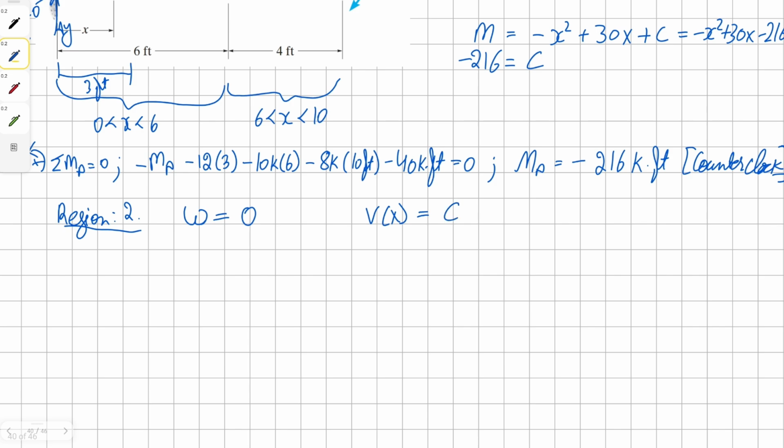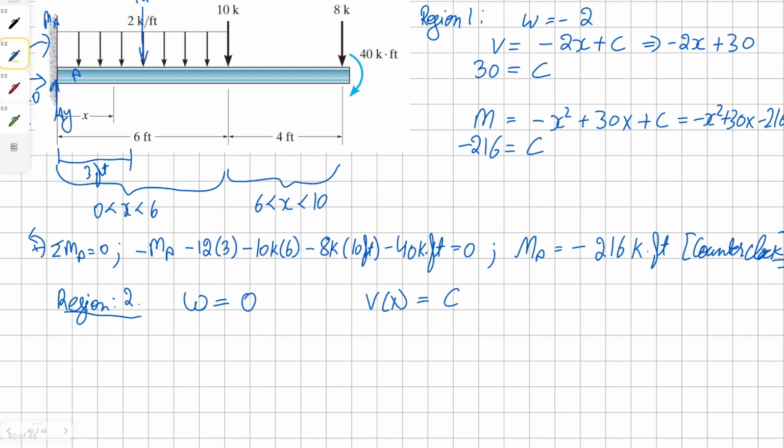Now to find the value of this constant, all we have to do is take the shear equation from region 1, which is -2x, and we know that this region begins at 6, plus 30, and then we have to look for any other external reaction force at this point, and we know that there's going to be a -10 external force, all equals our constant. Solving for this, we get our solution for c as positive 8, which is also our shear equation.